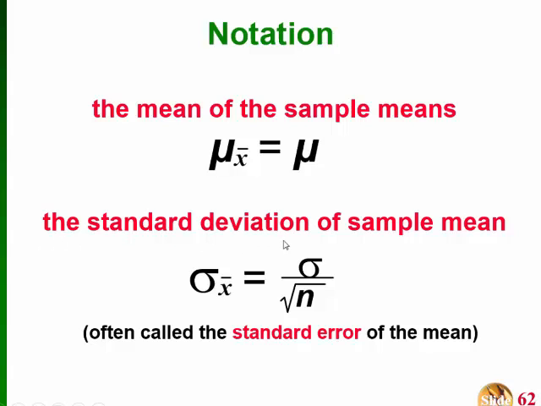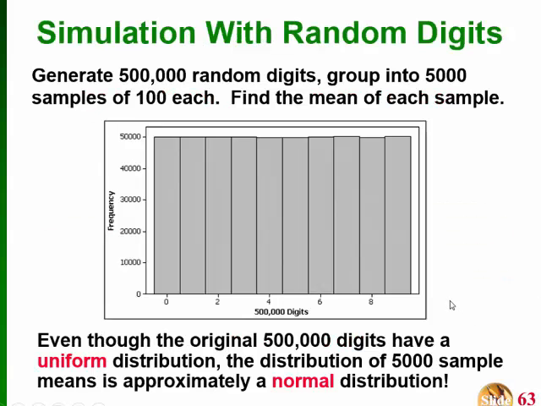However, the standard deviation for these sample means is not the standard deviation for the population, and so this is where our sigma sub x bar will be important to use as a notation. And this is sometimes called the standard error of the mean. Alright, let's take a look at an example.